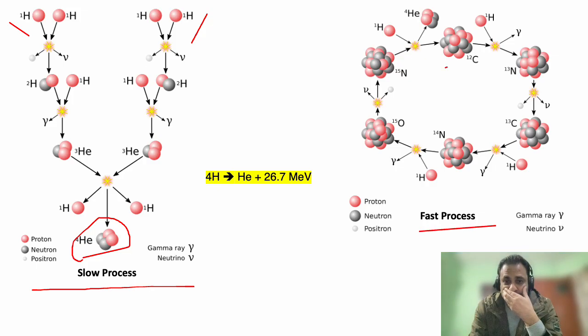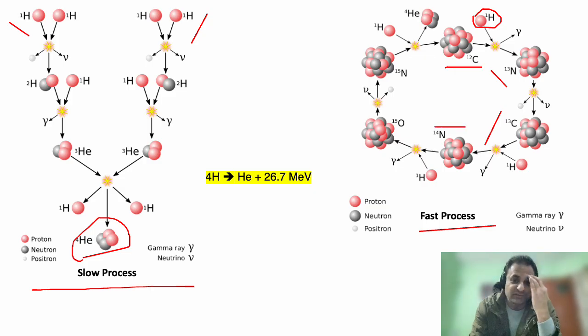In the CNO cycle, a carbon 12 nuclei eats up one hydrogen nuclei and becomes nitrogen 13, which can then decay into carbon 13. The carbon 13 eats one more hydrogen to make nitrogen 14, and the nitrogen 14 eats one more hydrogen to make oxygen 15.